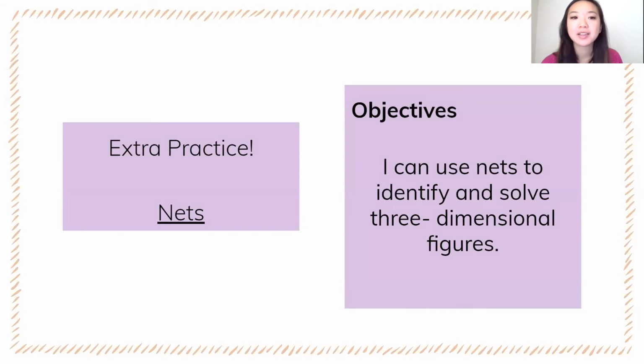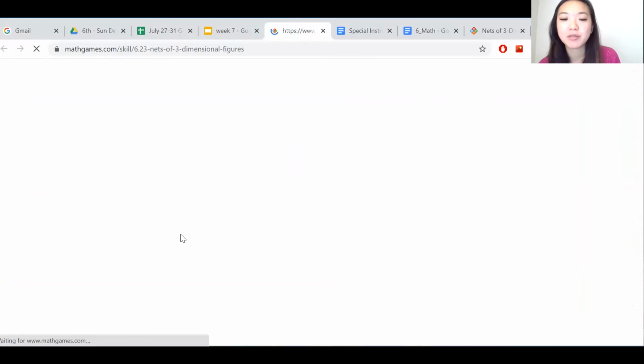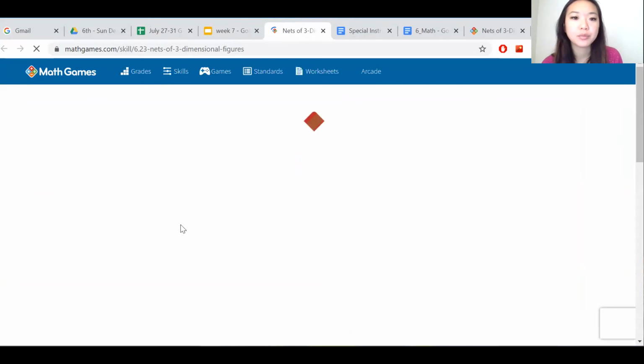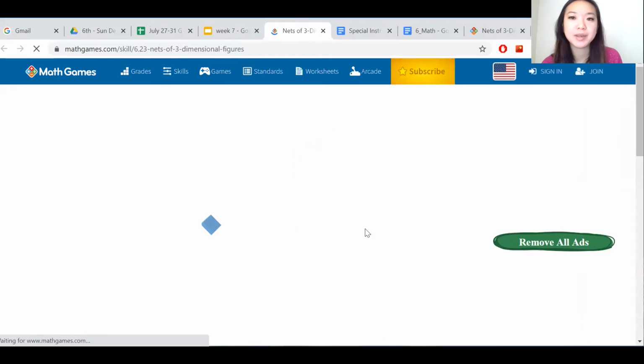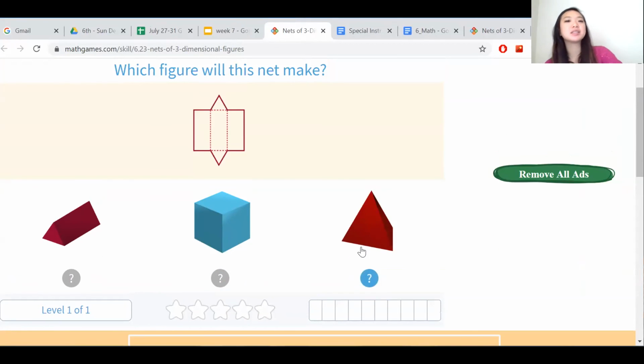And then our last slide, I have a really fun extra practice here actually. I really enjoyed it. So it's going to be a nets practice. So you just look at this image, you can cut and you can fold it if you wanted to, and then you just guess which one, or you know which one the answer would be.